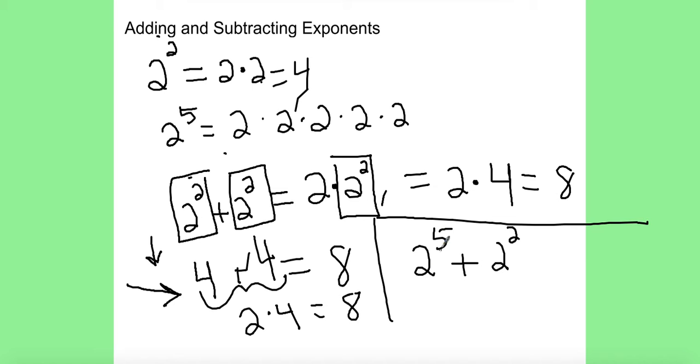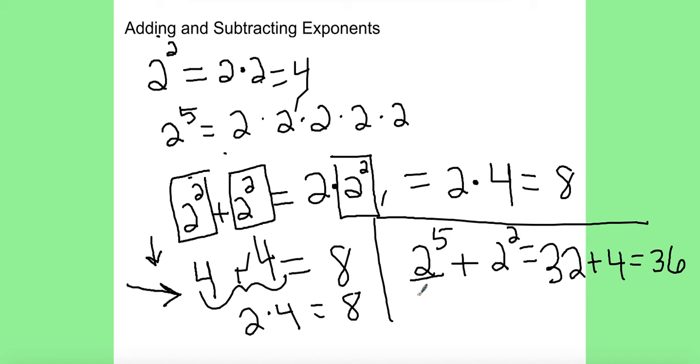I can evaluate both of them because I know how to expand them. 2 to the 5th is 2 times 2 times 2 times 2 times 2, which is ultimately 32. And 2 squared is 4, so we get 36. But that's only because I know the base.